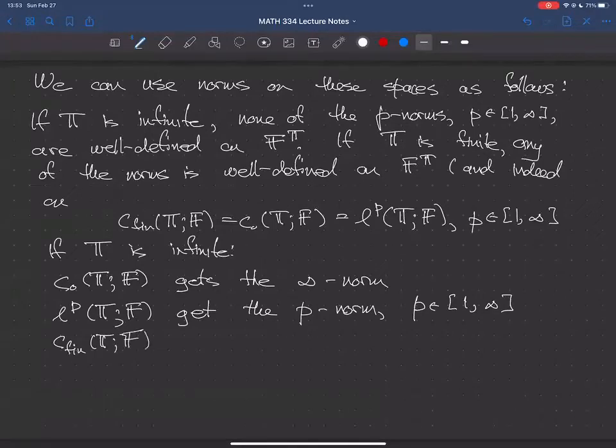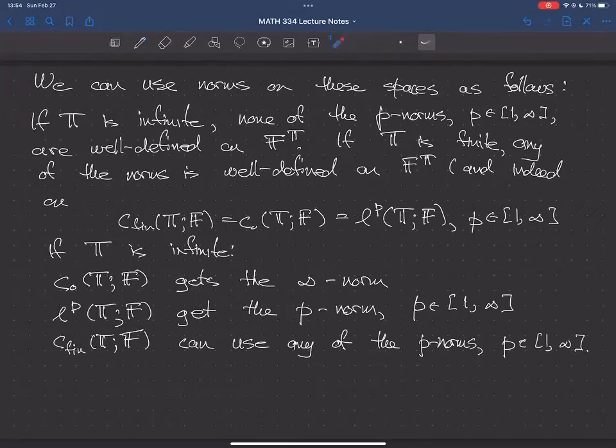And because every signal in c finite has finite support, you can use any of the norms, in fact. So when I write down c0 and L^p and c finite, these are the norms that I have in mind.